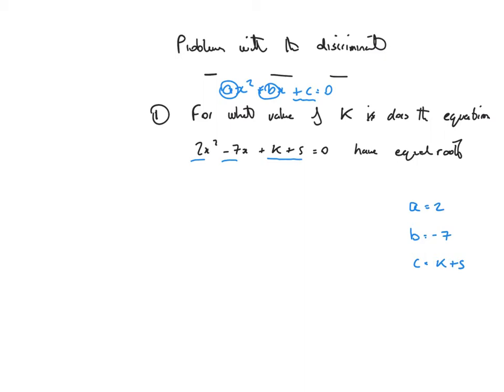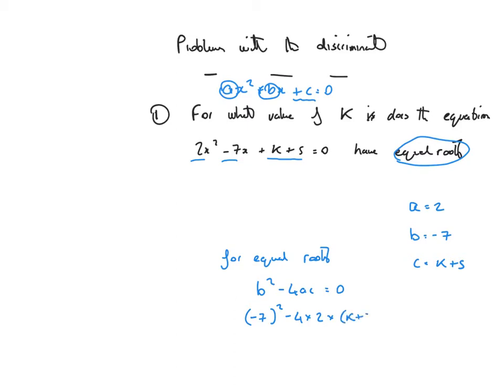Okay, now what do I know? I know that the things get equal roots, so I'm going to make a statement there, which is for equal roots. Now, what do I know to be true for equal roots? I know that the discriminant is equal to 0. So b squared, b is minus 7, so that's minus 7 squared minus 4 times a, which is 2, times c, which is k plus 5.